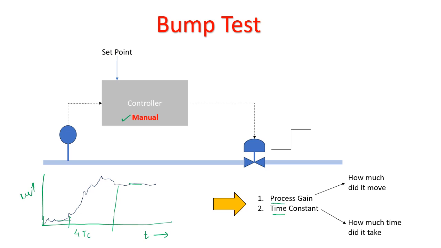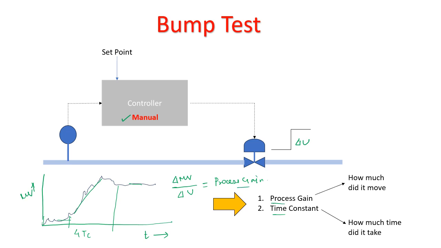And the slope of this curve, right, this is delta mb by delta t, so how it is moved, and this delta mb divided by, if we call it delta u, this will give you the process gain.